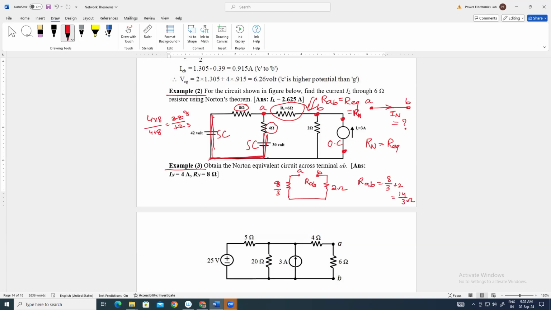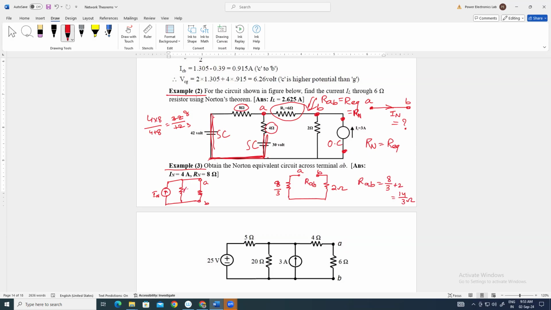Okay. So once you have calculated IN, you simply have to make the Norton equivalent circuit. This will be your IN, this will be your resistor, and in between these two terminals A and B, you have to connect the resistor that you had previously removed to apply Norton's theorem.